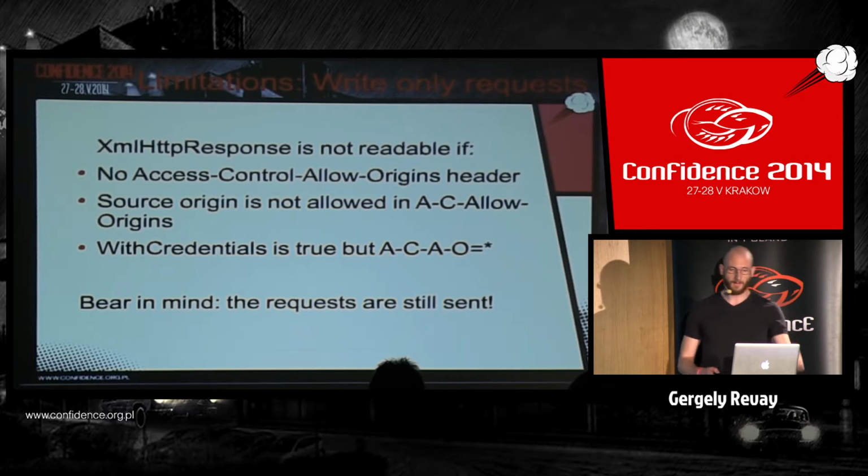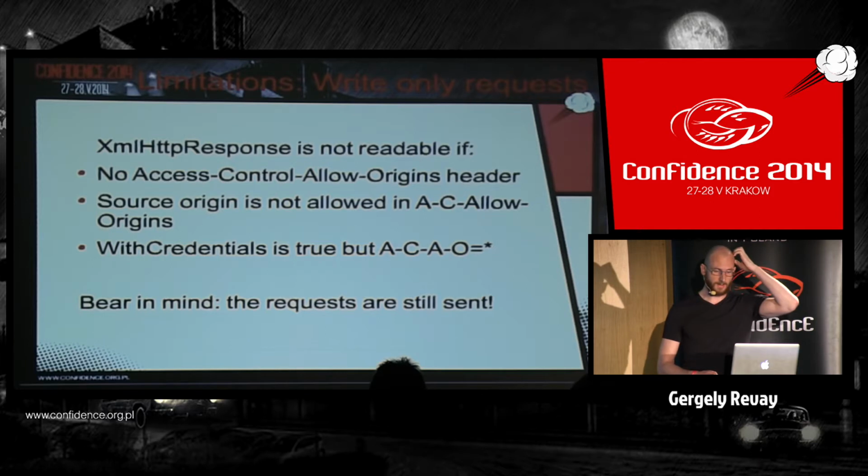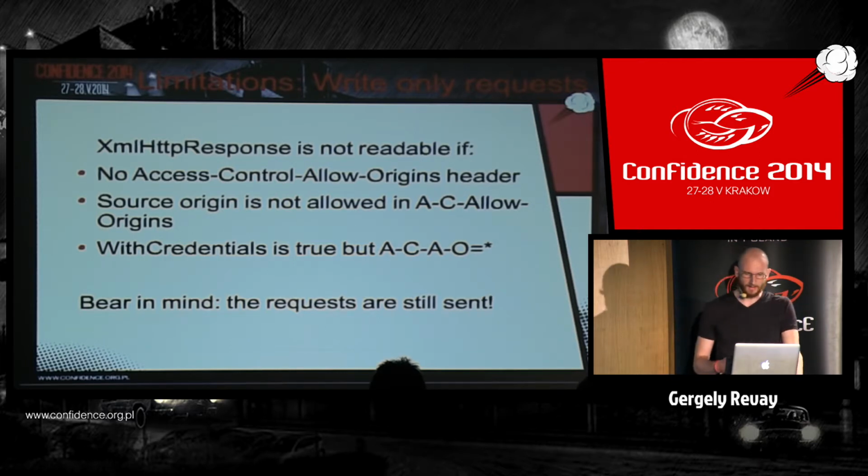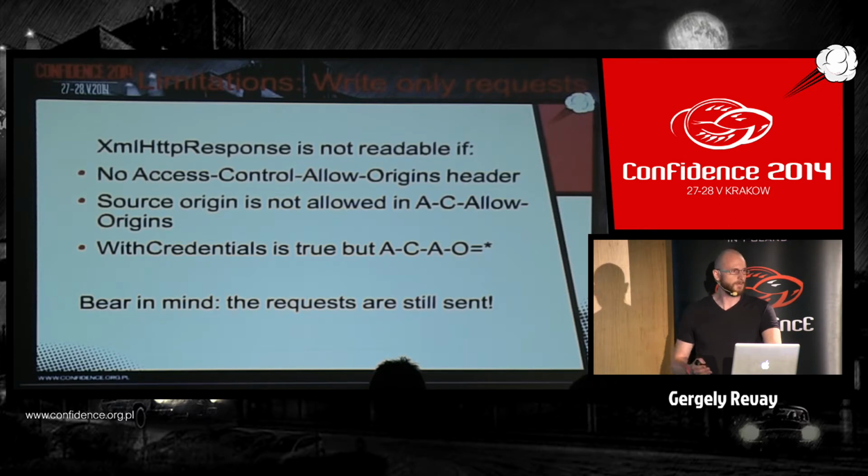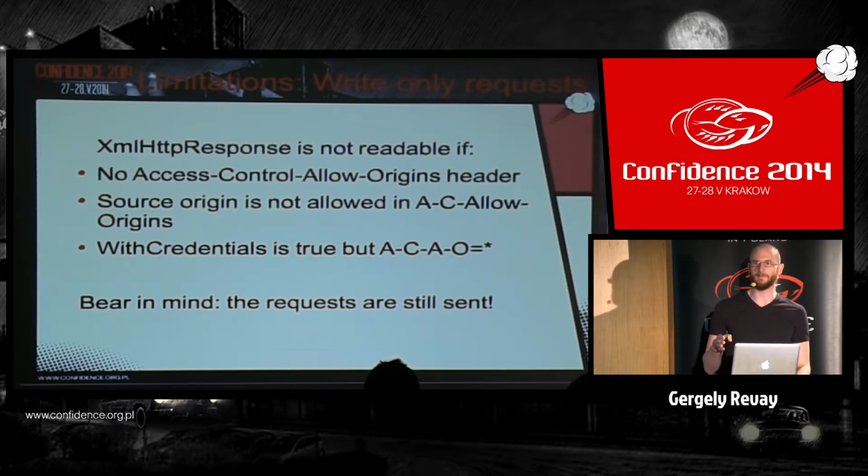The first one I call the write-only request, because if something fails during the CORS negotiation, then you still get the response from the server, but you won't be able to read it in the browser. So it will not be delivered to the JavaScript code. The browser will receive it, but it will not give it to the JavaScript.